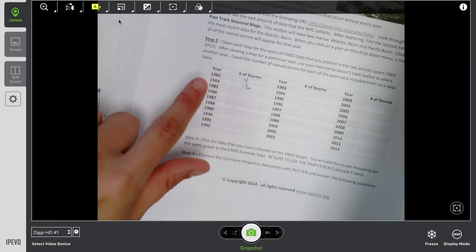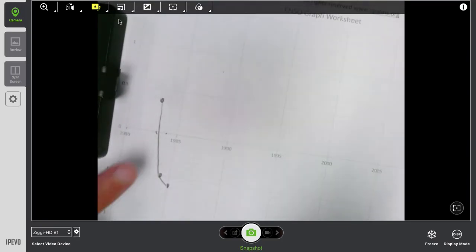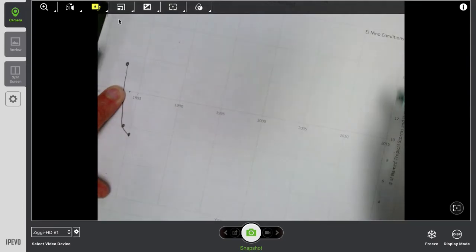And I'm going to graph my data. So in 1983, I had 4 storms. So I'm going to go to 1983, which I know is right here. And then I'm going to go over here. There were 4 storms. So I'm not looking at the left side of my graph, I'm looking at this side.